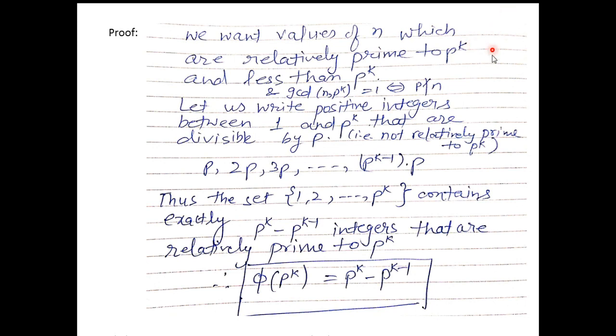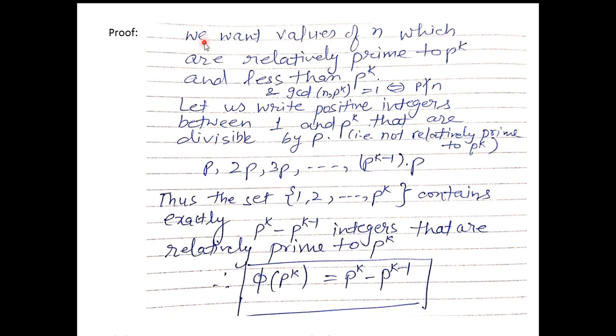What we are going to do in this result is take the positive integers which are not relatively prime to p to the power k. Then from all the numbers we will eliminate those numbers, and the result will go like this.